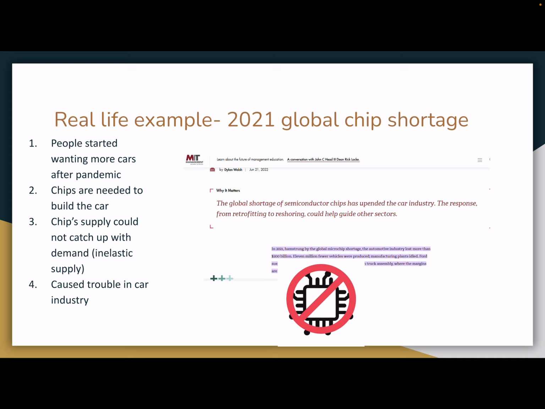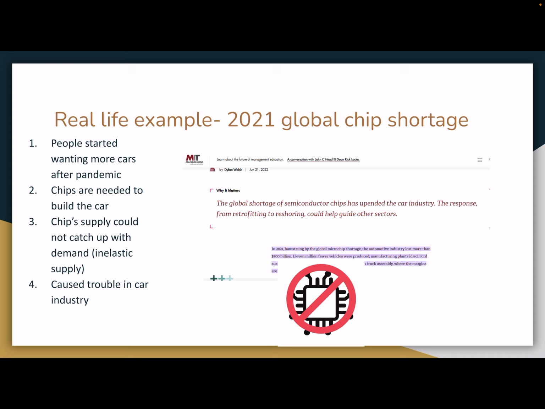This is also a great example of how elasticity has influenced the engineering industry. During the pandemic, car demand increased, but the chips that cars need had inelastic supply, which means production could not increase quickly to meet the demand. This forced the car companies to make fewer cars than they needed to.